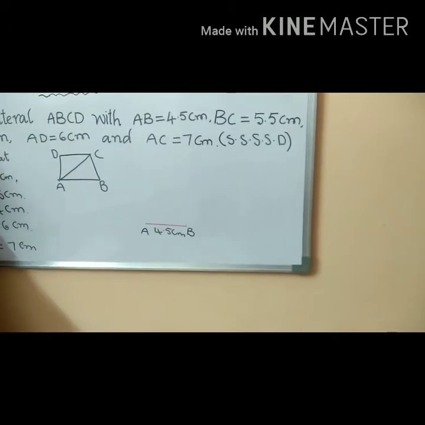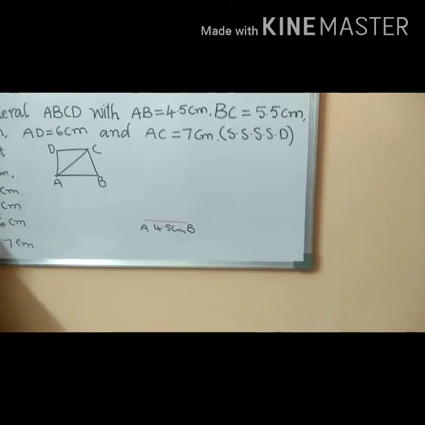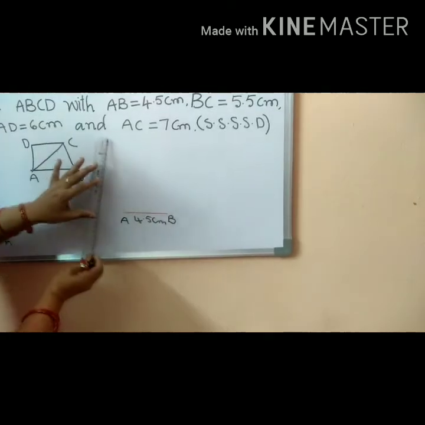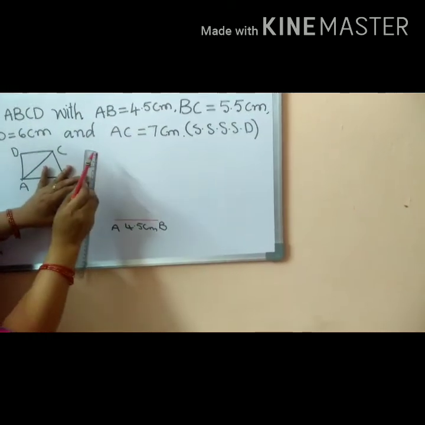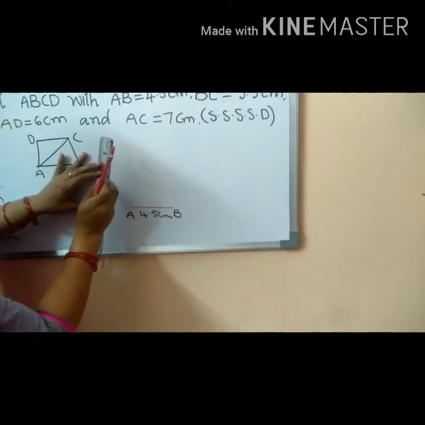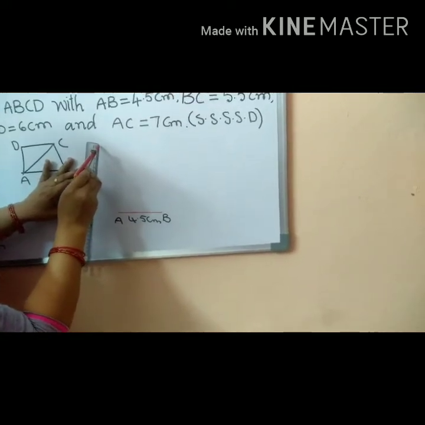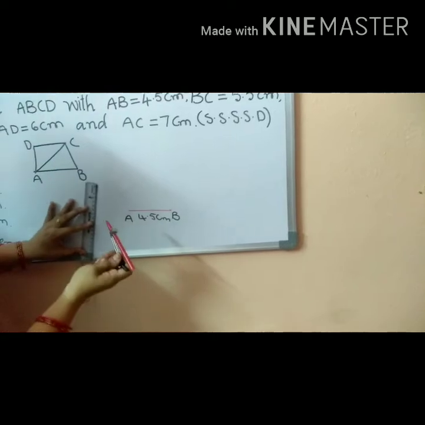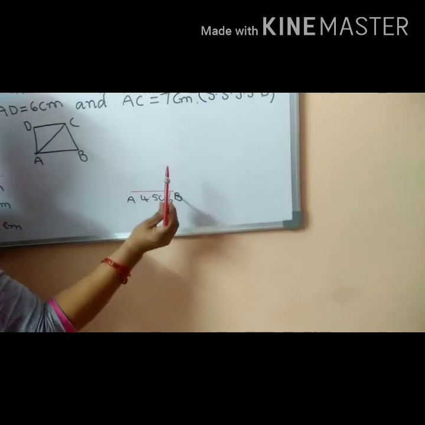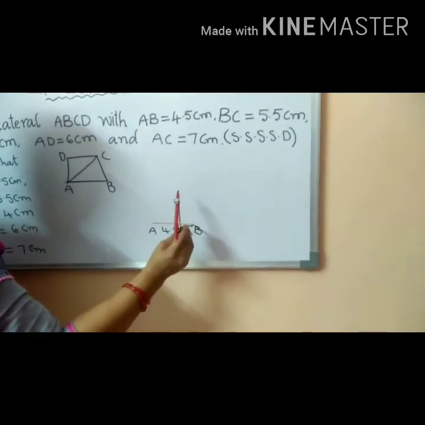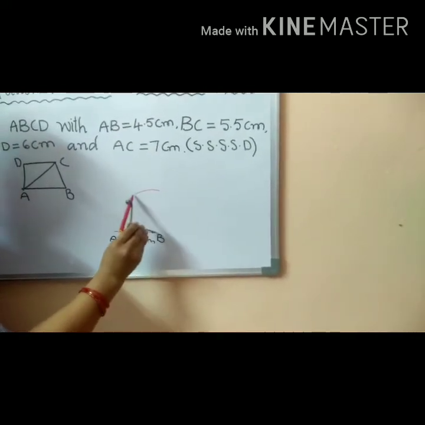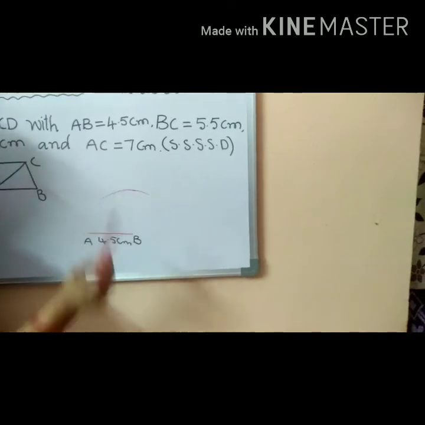Next side is BC. BC equal to 5.5 centimeters. We take the 5.5 centimeters with the scale, and with the center of B draw one arc.